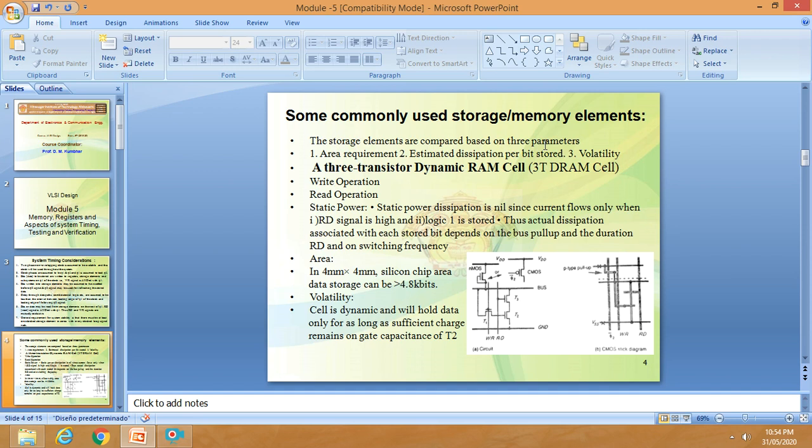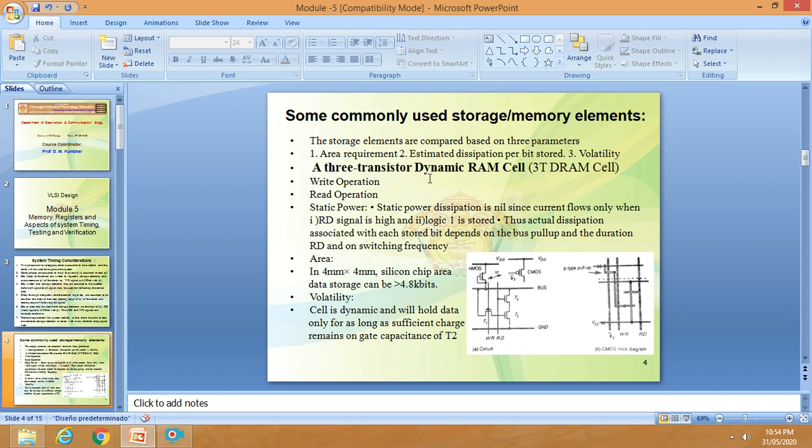There are various elements: the 3 transistor dynamic cell, the 1 transistor dynamic cell, the pseudostatic cell, the 4 transistor CMOS cell and the 6 transistor CMOS cell.